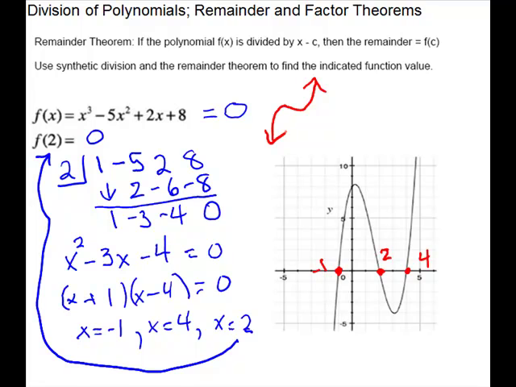None of these occur more than one time, so they all occur once. That's an odd multiplicity, so it's going to cross through those. So you would put those points on. You would know your ends, and it's going up some here and down some here. But that would be your start to draw the graph. So end behavior and then knowing the zeros. So this is getting us ready to find the zeros.